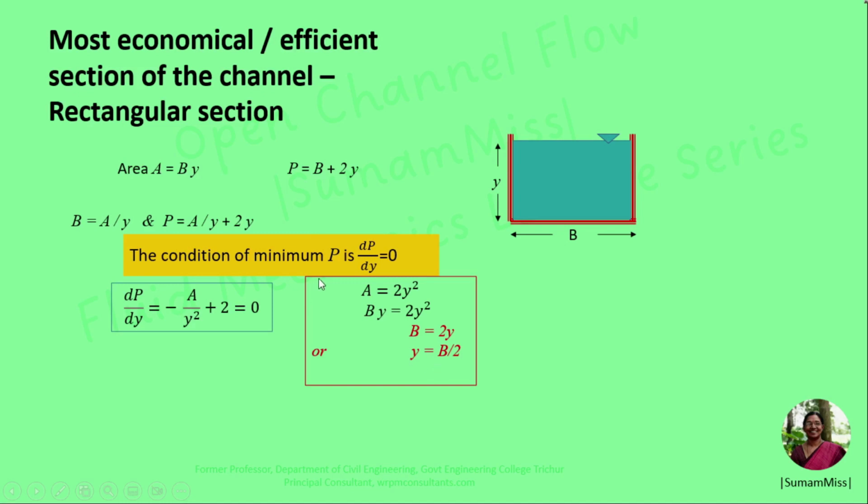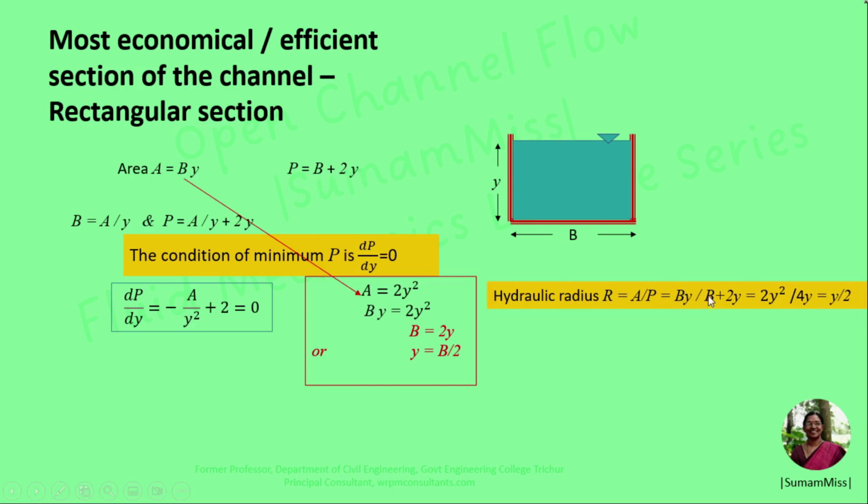So the condition of minimum wetted perimeter P for a rectangular channel to be most economical or hydraulically efficient is that the bottom width B equals twice the depth, or the depth Y equals B by 2. Correspondingly, the hydraulic radius R equals A by P, where A is By and perimeter P equals B plus 2y.